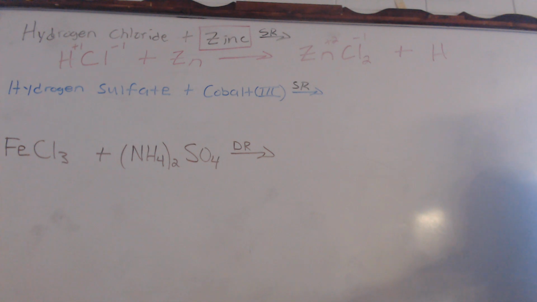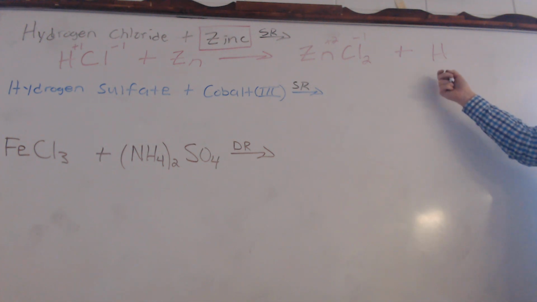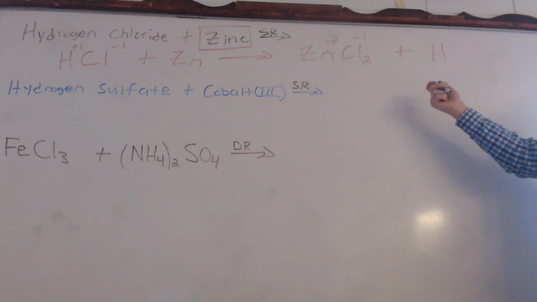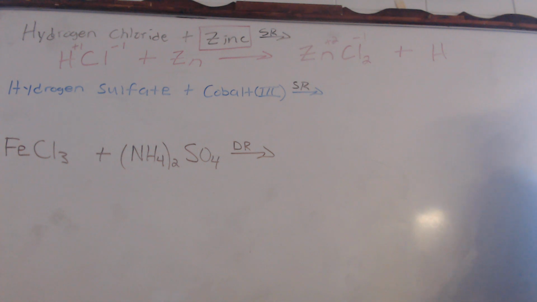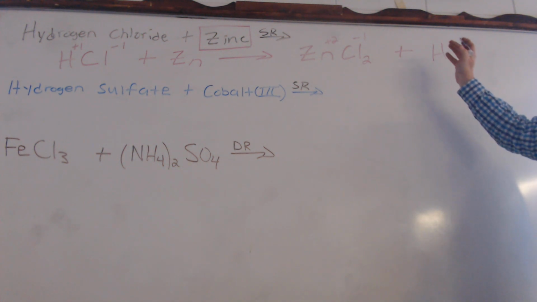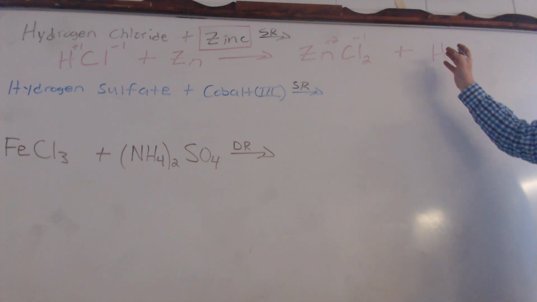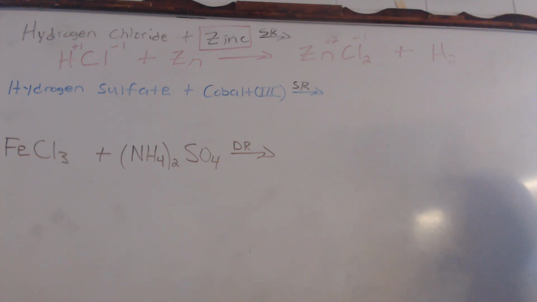Why is that? Hydrogen's a gas. So, what else besides gases are diatomic? What is column 7 called? The halogens.